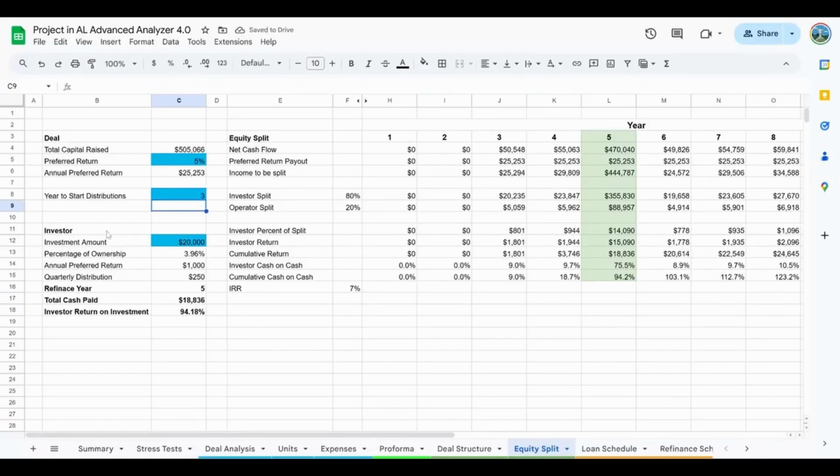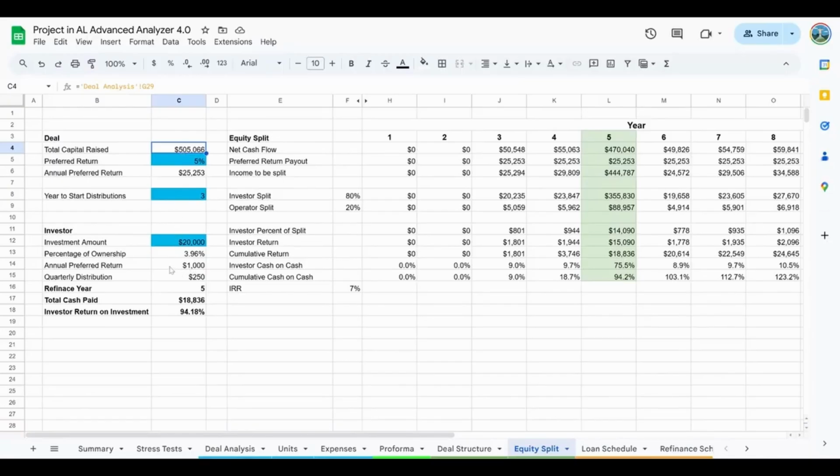And then down here, our investor scenario, the variable here is what will happen with the amount an investor puts in or contributes to the project. So here we can put in $20,000, and the investor's contribution is close to 4% of the total capital raised.